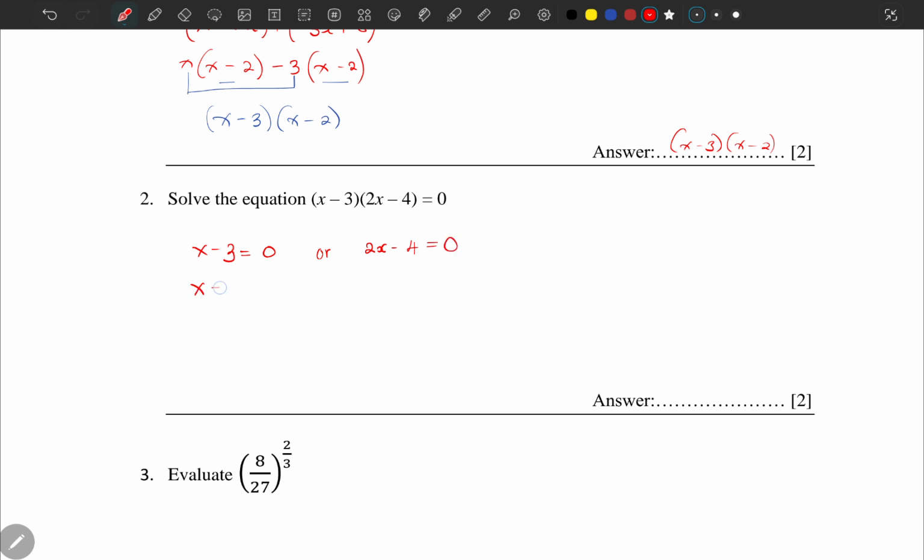Then you say x is equal to 3 or 2x is equal to 4, where you divide by 2 throughout. And you get your x equal to 2, meaning your x here is 3 or x is 2. That's all.